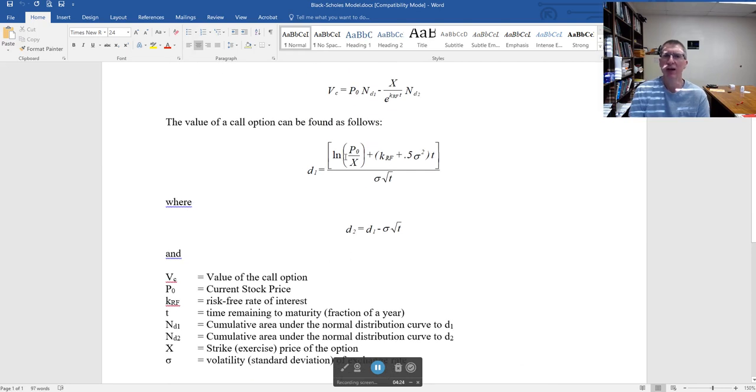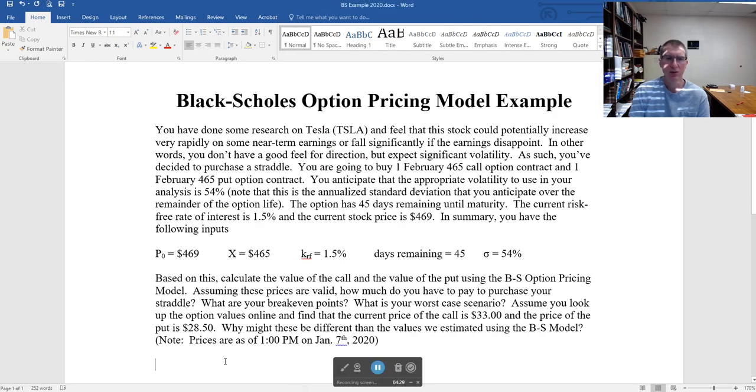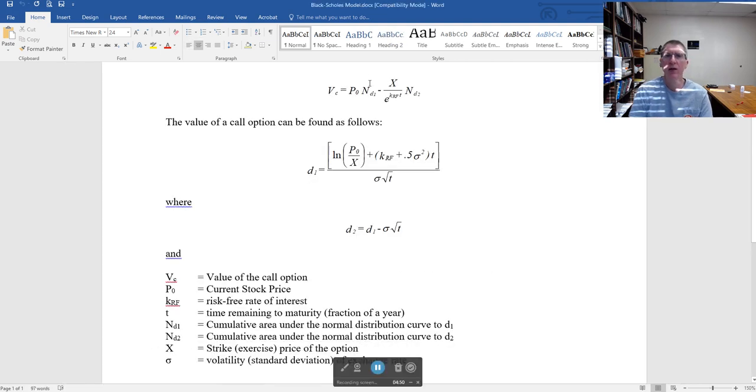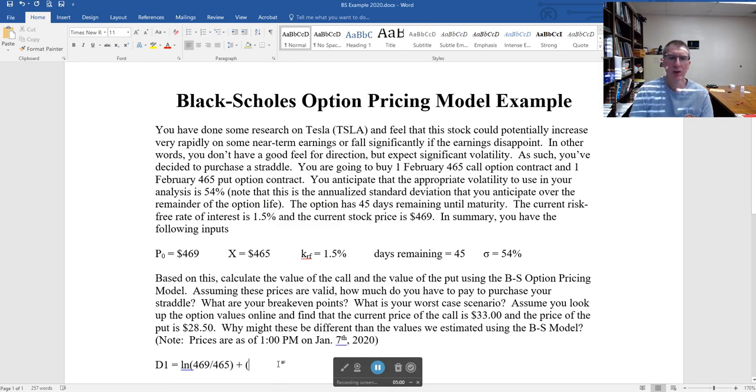With D1, we want the natural log of the price over the exercise or strike price. So D1 is equal to the natural log of the price, $469, divided by the exercise price, $465, plus the quantity risk-free rate plus 0.5 times variance.